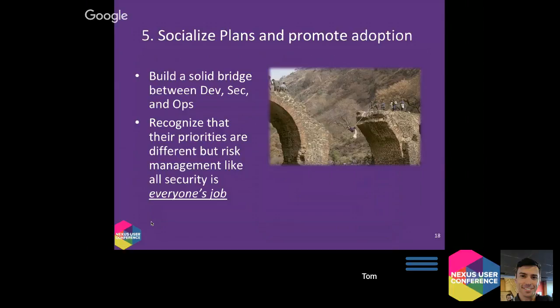We need to recognize that the priorities of different groups are different, but like all security, risk management is everyone's job. So everyone has a part, and the more the plans are communicated and socialized, the more buy-in and adoption there is throughout the DevSecOps community within the enterprise.